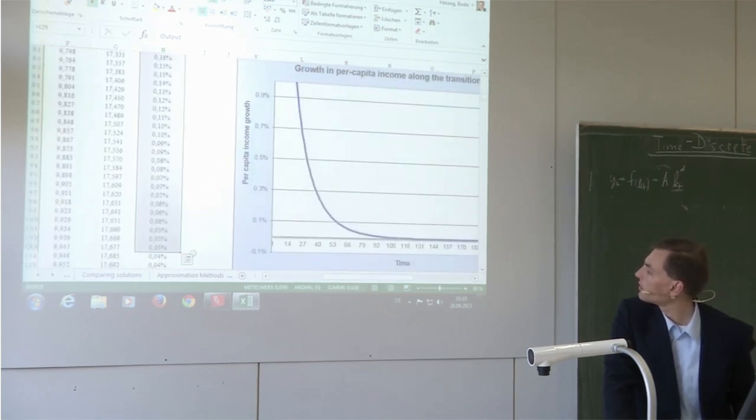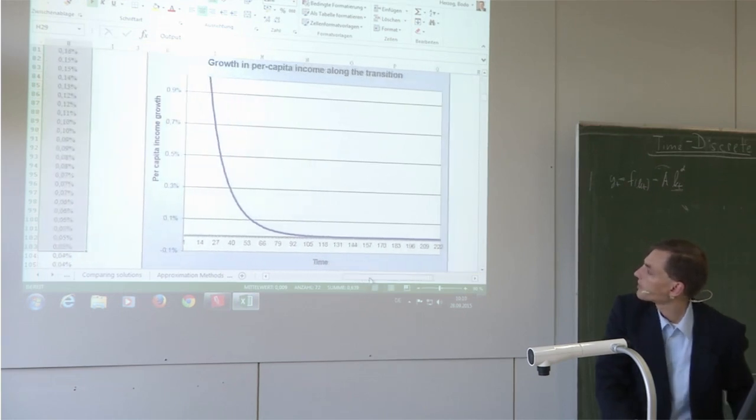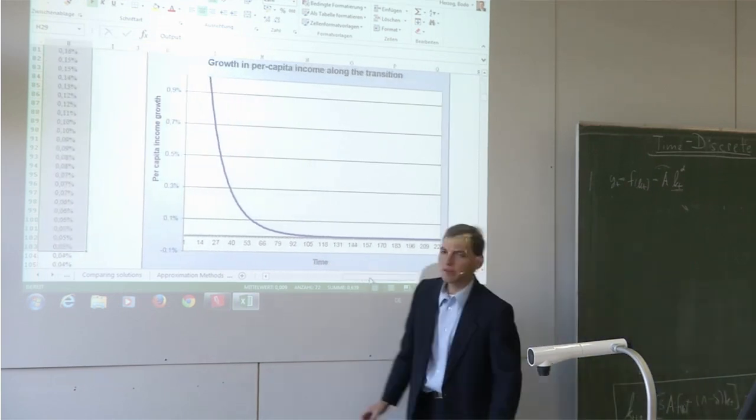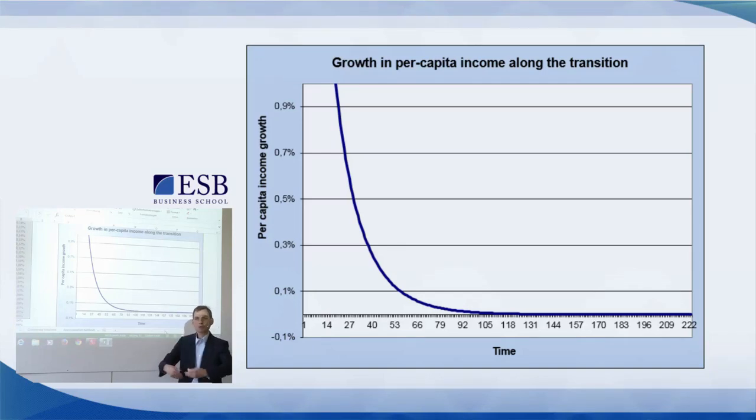And here's the corresponding graph. In the beginning, when the convergence process starts, growth is very high, as you can see. And when we are very close after some time to our equilibrium, to our steady state, growth is almost zero in per capita units.